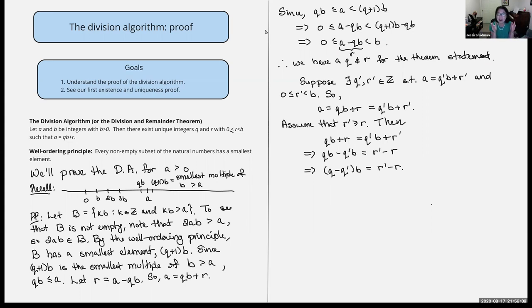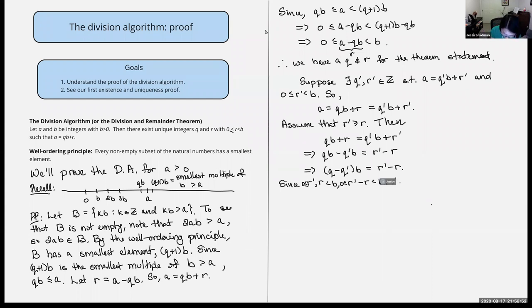Now, since R and R prime are both less than B, when I subtract them, I get something that also has to be less than B, right? So since R prime and R are bigger than or equal to 0 and less than B, R prime minus R has to also be bigger than or equal to 0 and less than B. So the only way R prime minus R could be a multiple of B is if R prime minus R is 0.